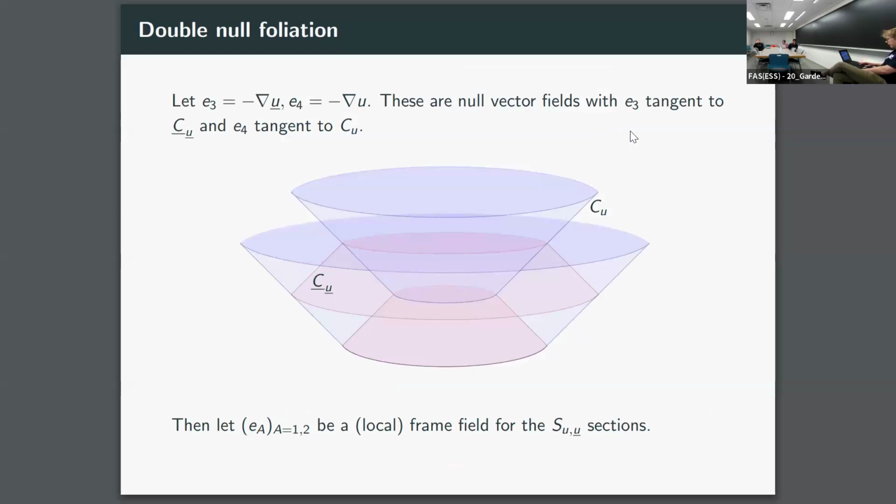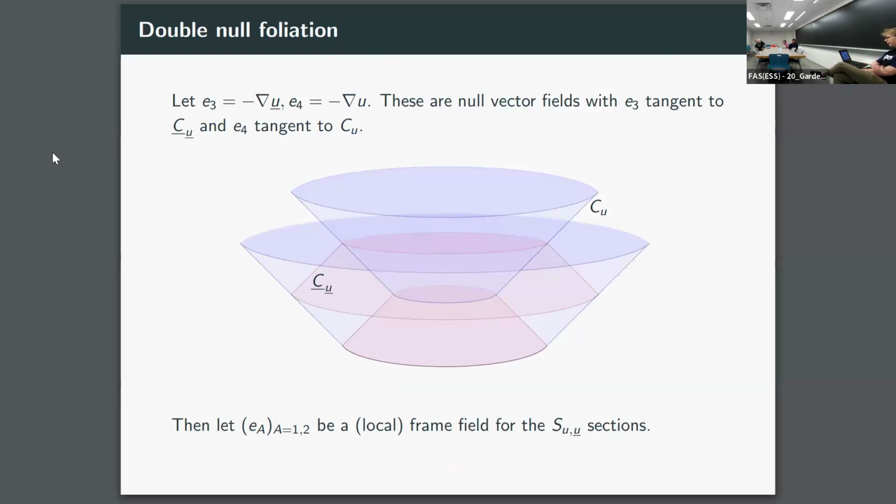Okay, now that I've defined my double null foliation, let me introduce some notation for various vector fields that we're going to decompose things with respect to. So E3 and E4 are going to be the tangent vectors of the outgoing and incoming null hypersurfaces.